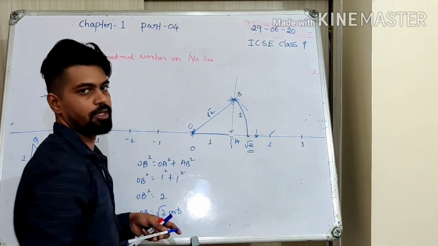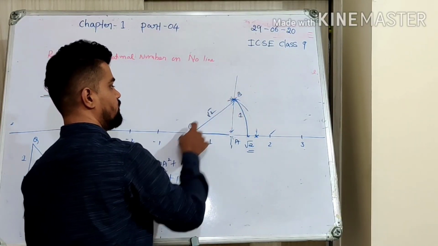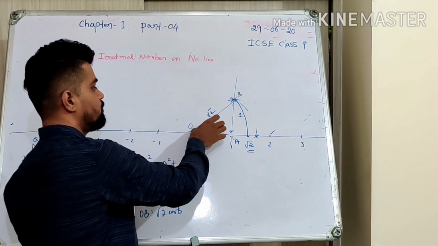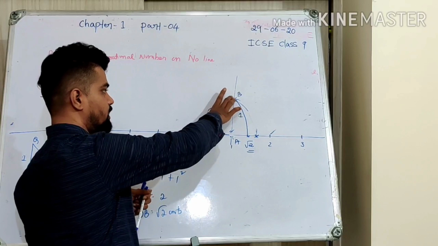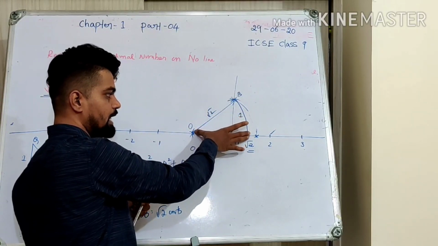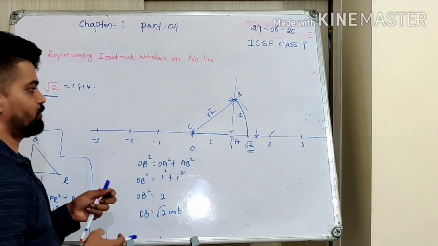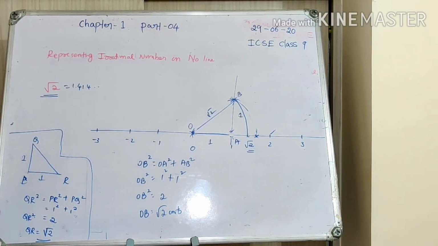That will be again 1 unit. Then join B with O. We get root 2. From O as a center, take this as the radius and draw the arc until it touches the number line. The point where it touches the number line will be equal to root 2. Getting it?